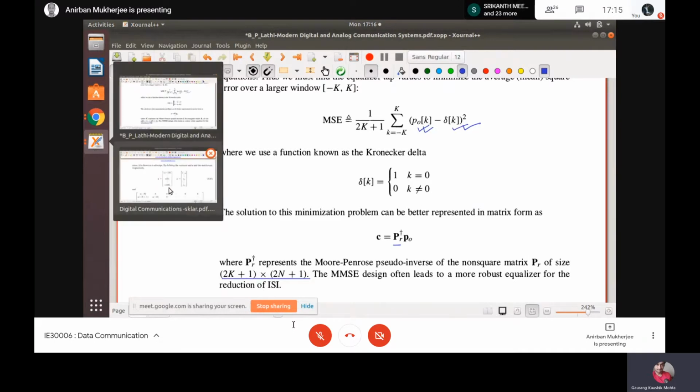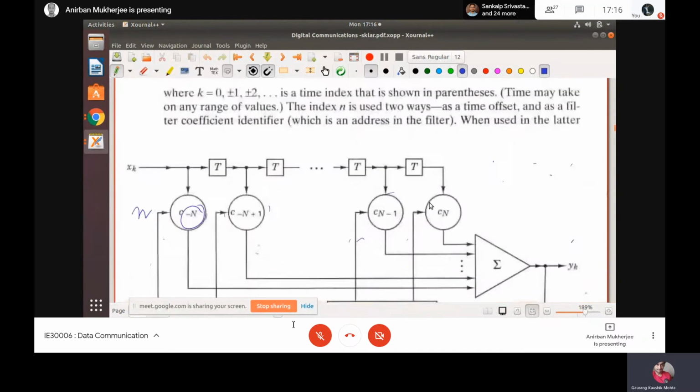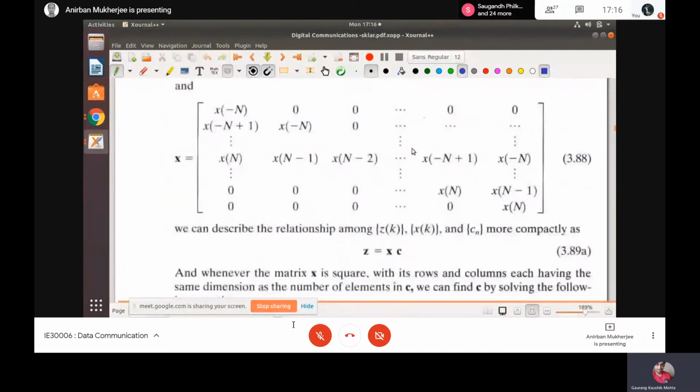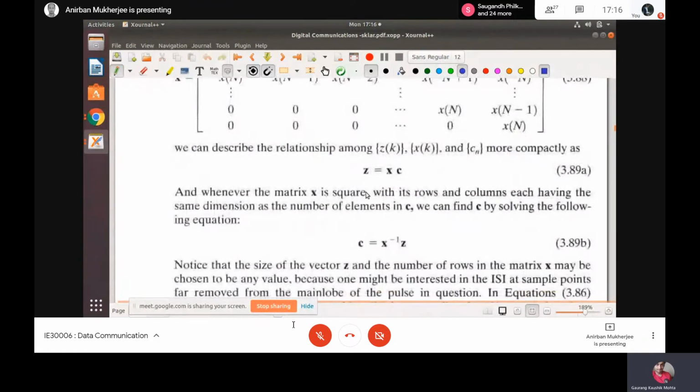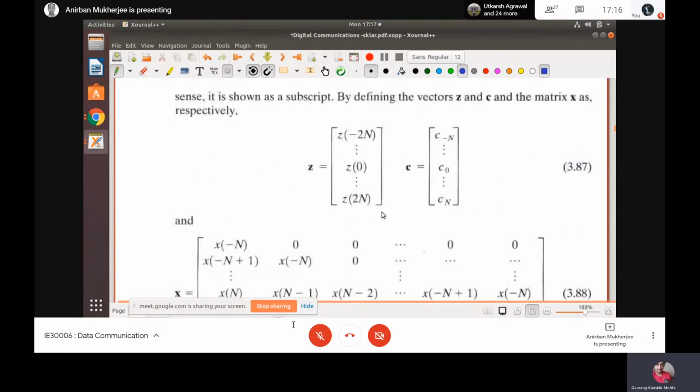Let me take it from a different perspective. If you remember, in the zero forcing equalizer I had Z equal to XC, and that matrix X was 2n plus 1 by 2n plus 1 in the previous case.